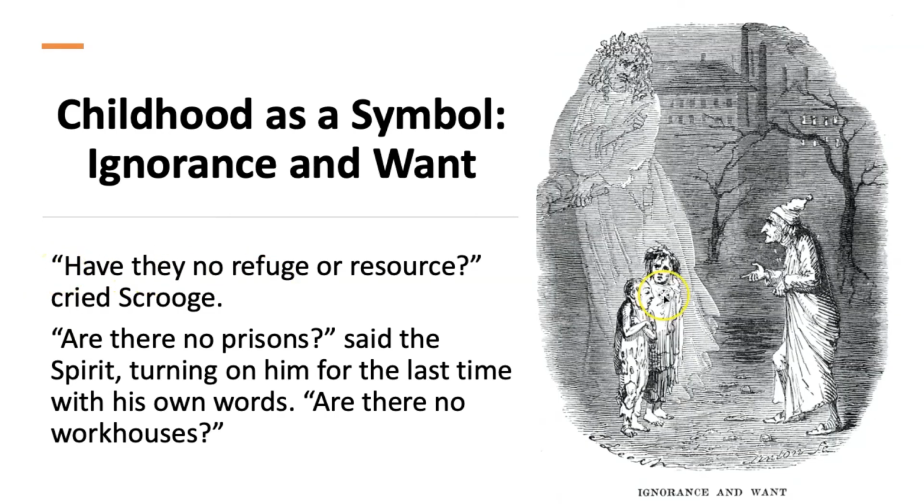Scrooge says, do these 2 children have no refuge or resource? And the ghost simply uses Scrooge's Malthusian words against him. "Are there no prisons?" said the spirit, turning on him for the last time with his own words. "Are there no workhouses?" And of course the answer here would be schools.